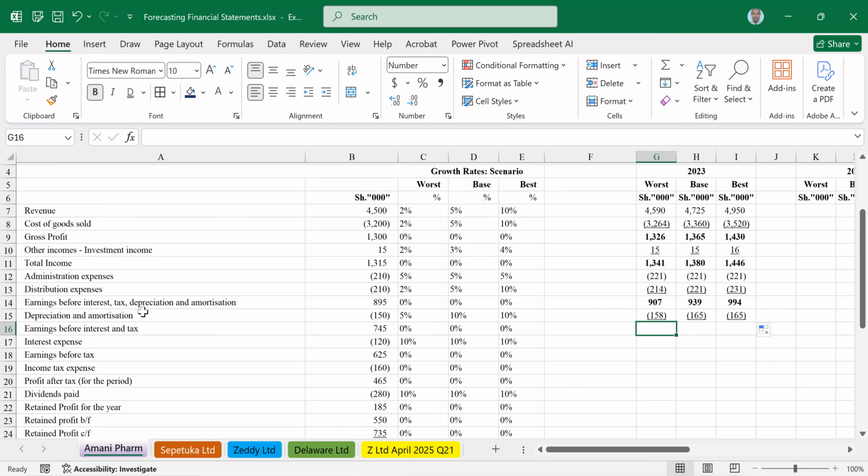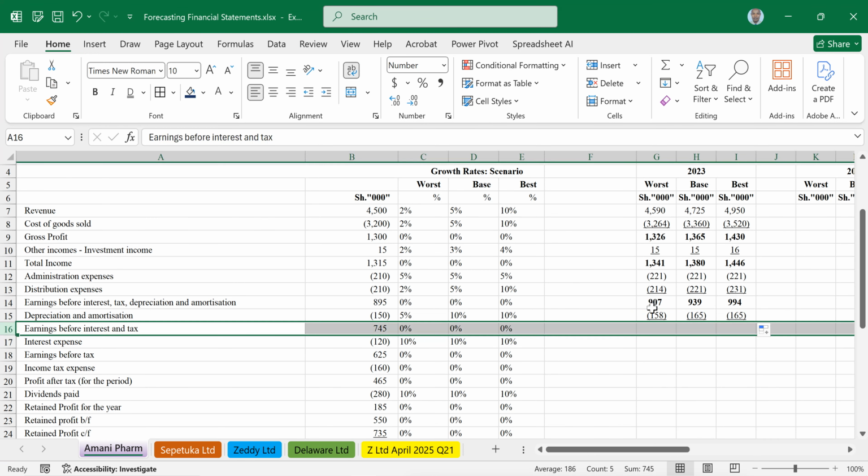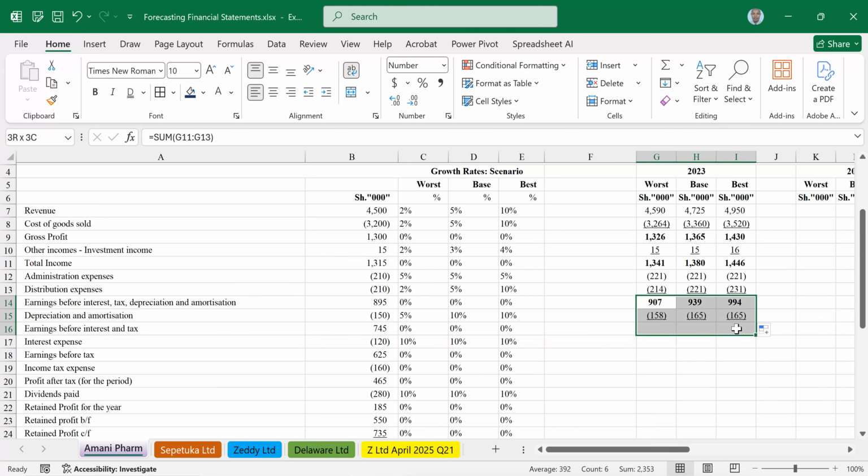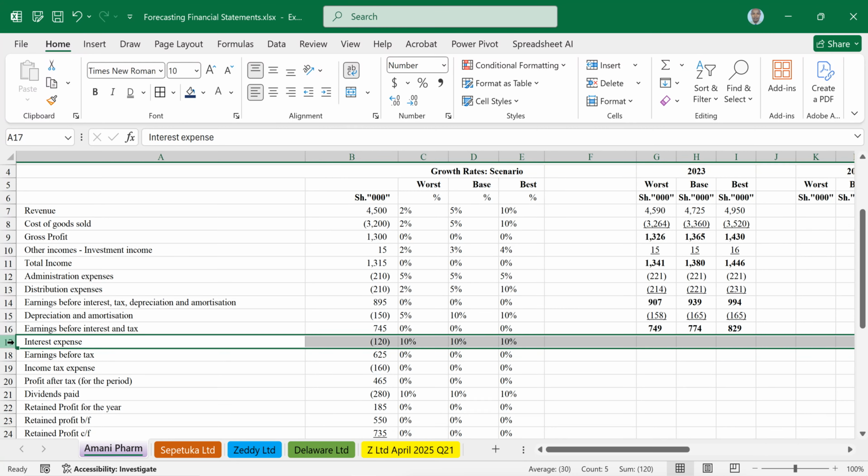Select this and do alt equal to get the summation of earnings before interest and tax and interest expense. That is now earning before interest. The depreciation is the one that was deducted.